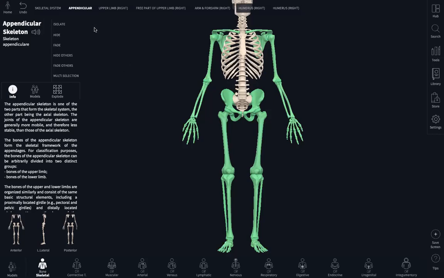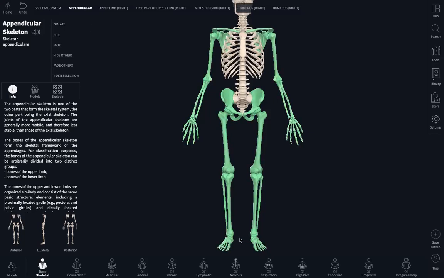So we have two types of girdles in our body. One is the pectoral girdle, also known as the shoulder girdle, consisting of about 4 bones, 2 on each side.